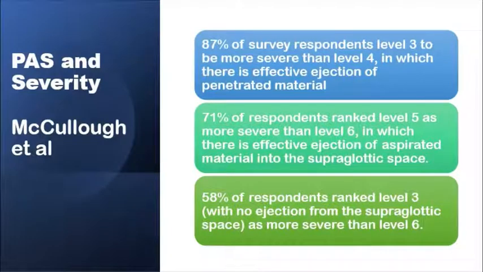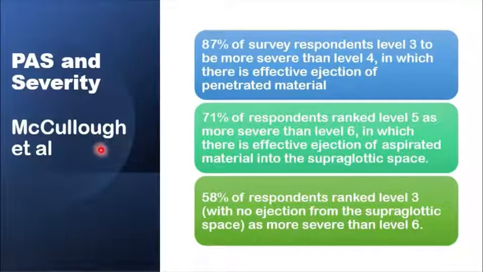The penetration aspiration scale is considered at best to be an ordinal scale because there is a considerable amount of doubt about the way the degree of severity in the scale reflects degrees of severity of aspiration.